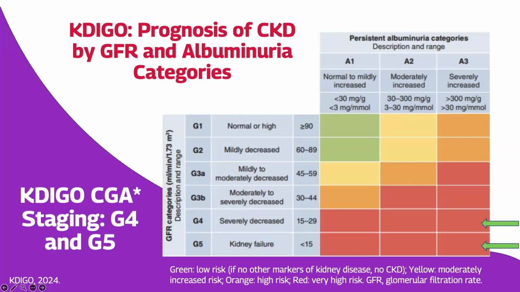So this module is going to be focusing on stages 4 and 5, when the advanced degree of disease and, if necessary, treatment for the best patient prognosis hinge on the patient's referral to the interdisciplinary nephrology team.